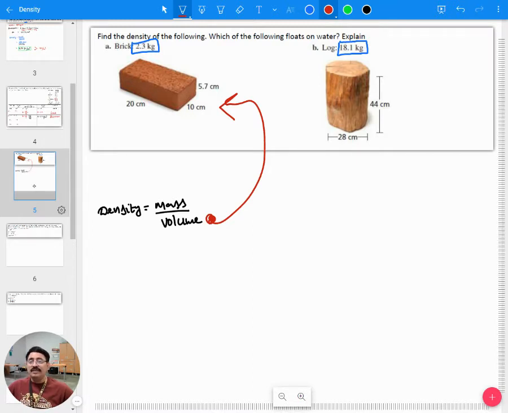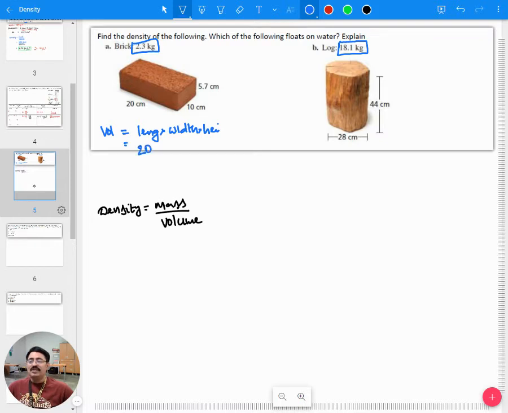Yes, easily, right? So let's start by computing the volume of the brick first. I see that it is in the shape of a rectangular prism. Volume equals length times width times height.